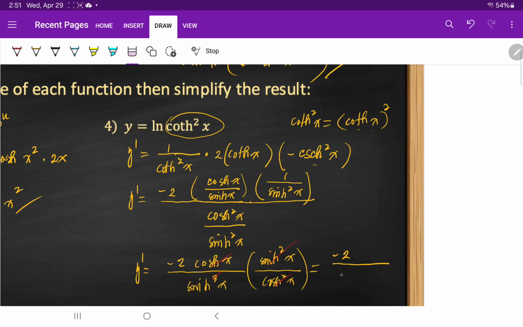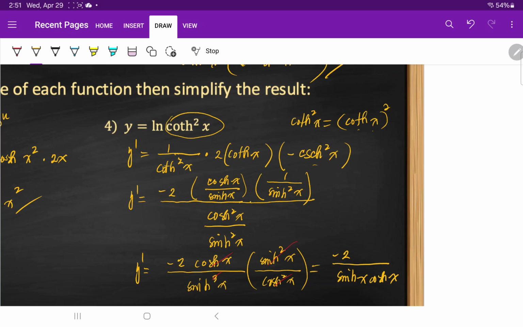In the denominator we have 1 hyperbolic sine, right? 3 minus 2, and 1 hyperbolic cosine.